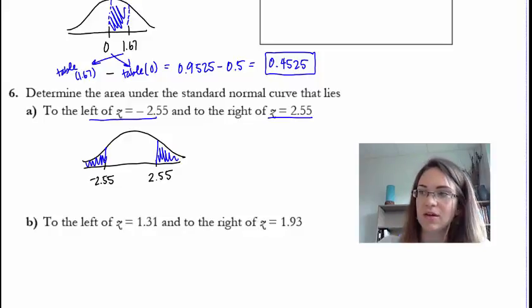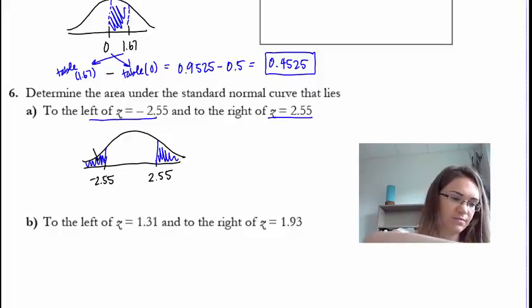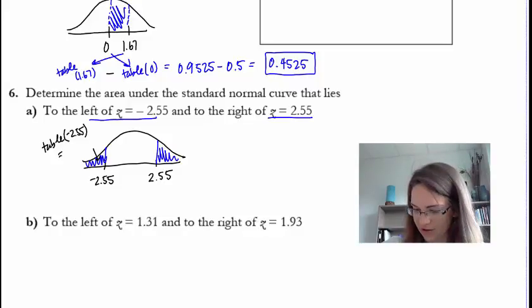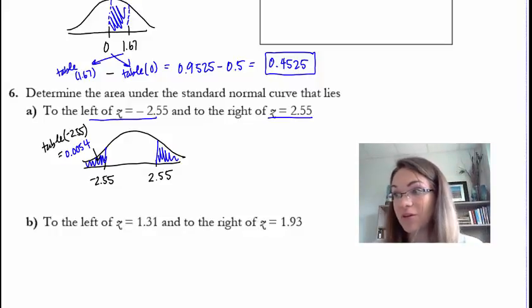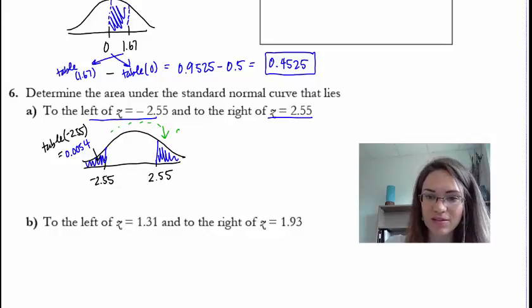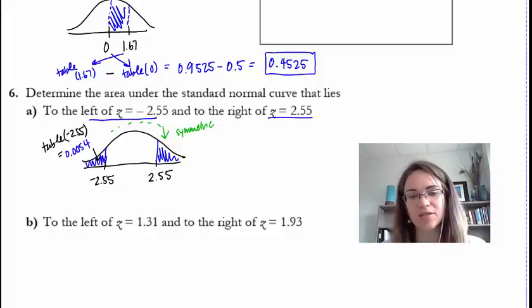This one is a direct table read. The table value of negative 2.55, we found earlier, was 0.0054. By symmetry, we know exactly the same value over here because the numbers are the same.